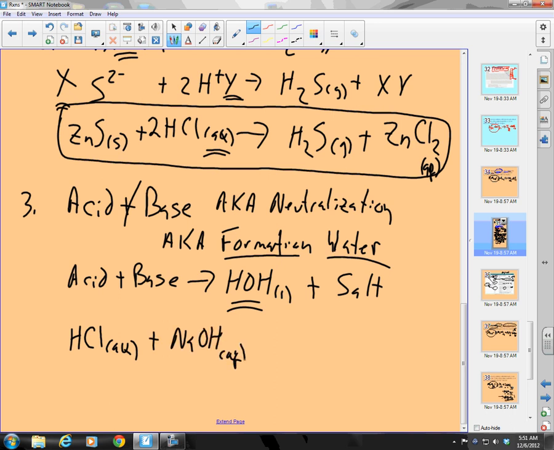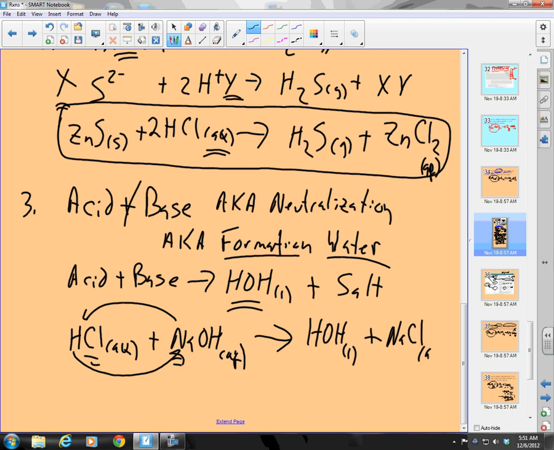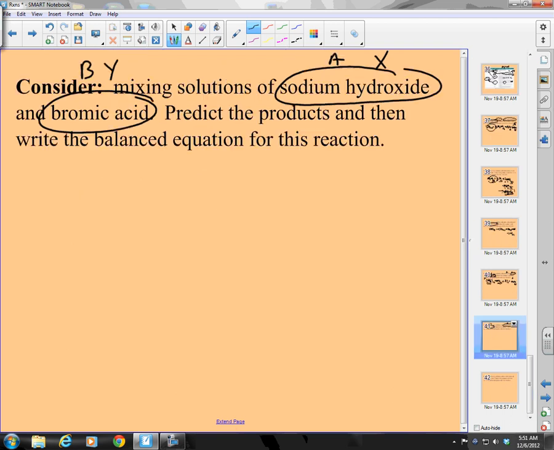And what are they going to form? Well, my H is going to come over here. My Na is going to come over there. I'm going to form HOH, liquid. And what's my salt? Well, what's left over? Chlorine and sodium. So sodium chloride, and we know that chlorides by and large are aqueous. Cool. All right, let's do it.